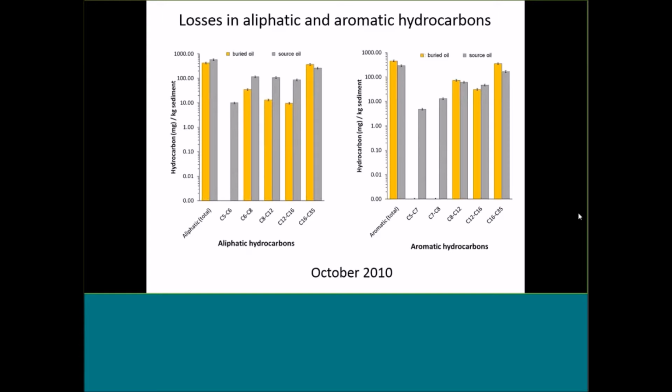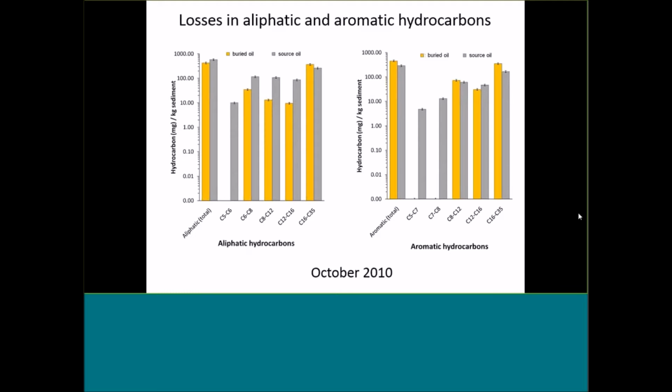Now, we heard already a bunch about oil degradation and so forth. I just want to make the point here, the gray bar is the source oil, the yellow bar is the buried oil in October. What we see is that the short chain hydrocarbons, smaller components, vanish because they can be eaten readily by bacteria. Well, all this other stuff doesn't do too much.